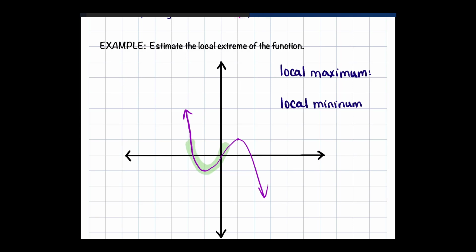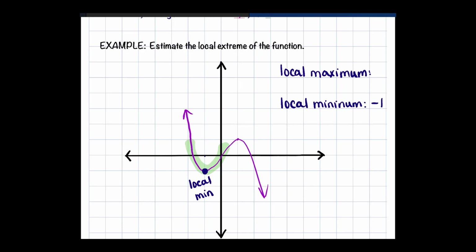Here's a valley. So there's a lowest point here. So that is a local minimum. And what you give for your answer here is the y value. So y is -1. So it has a local minimum at -1.